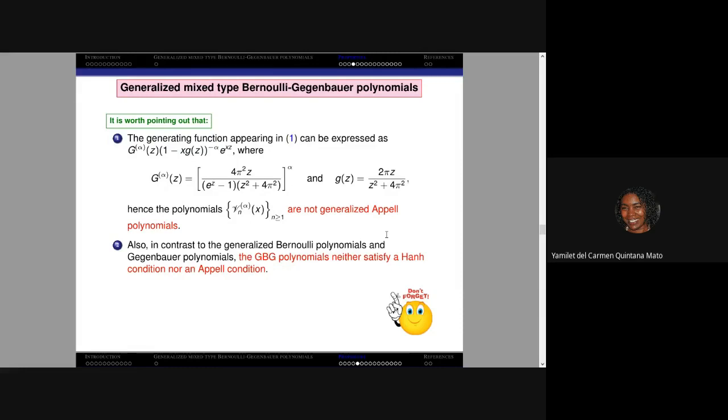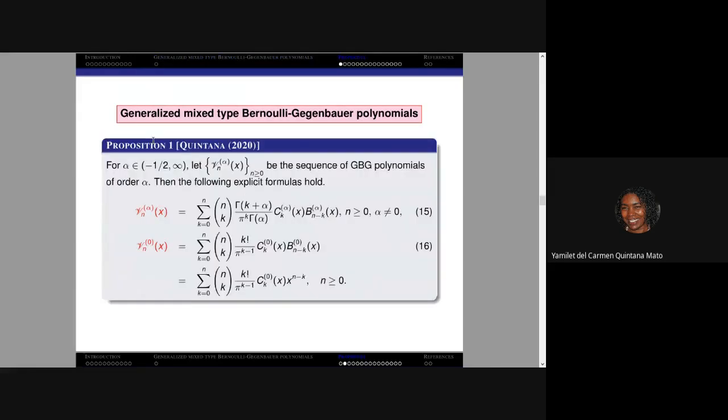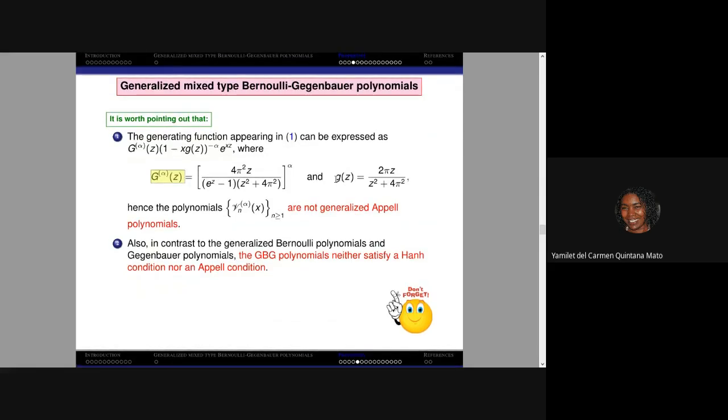It is worth pointing out that the generating function appearing in the expression 1, let me show, this generating function can be expressed as this product, where G alpha is this function and G is the other function.